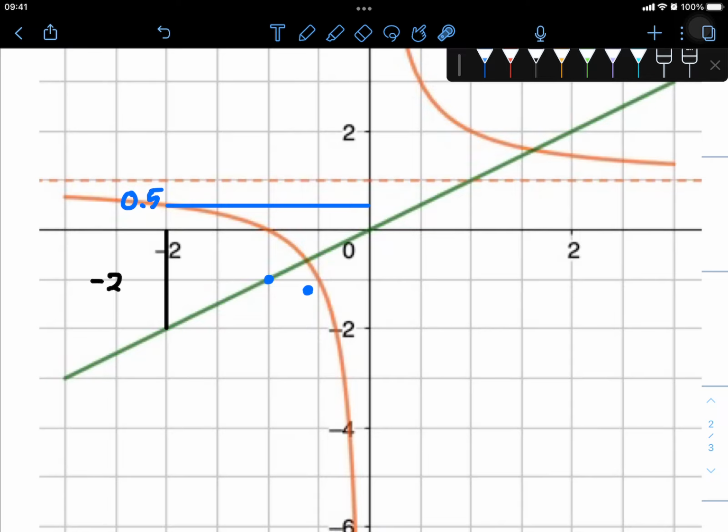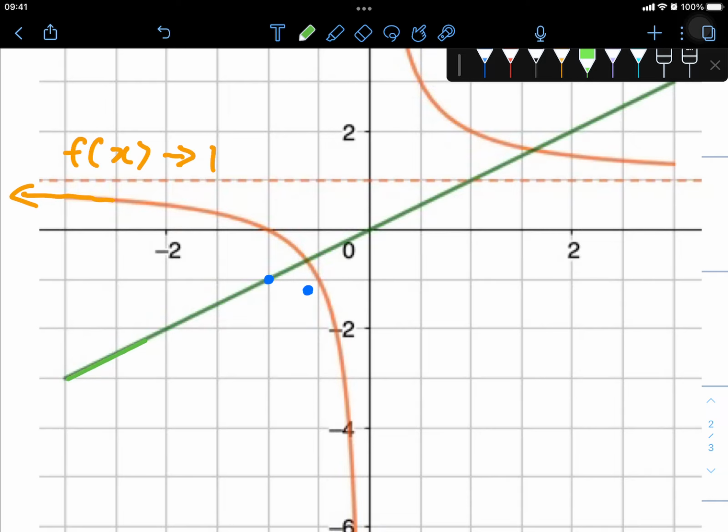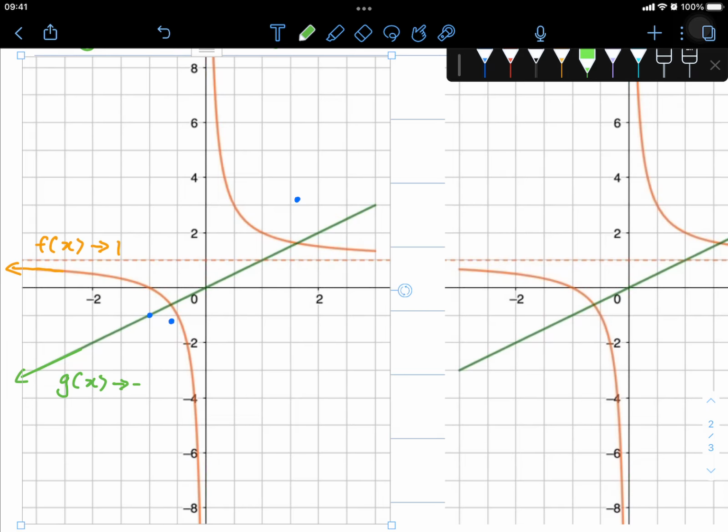Now notice how, as f moves along to the left-hand side, it's approaching 1. So let me write this out. As f keeps going to the left, f of x is approaching 1. But g, as it keeps moving to the left, g of x is approaching negative infinity.